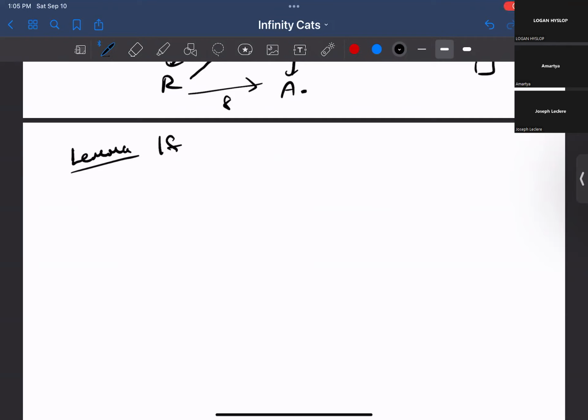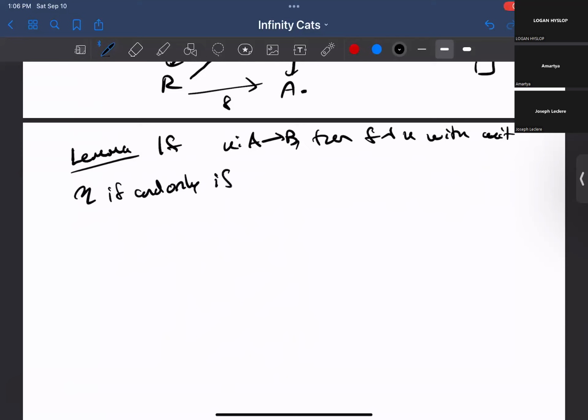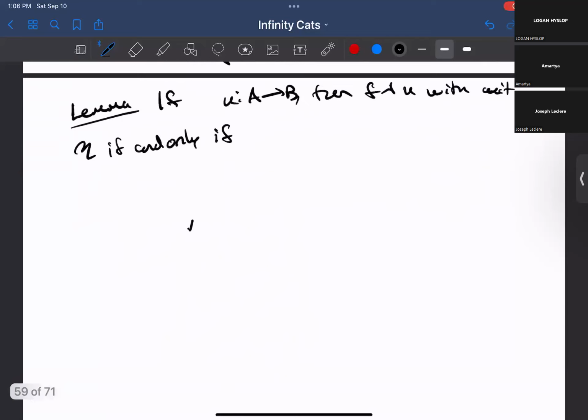So if we have U maps A to B, then F is left adjoint to U with unit eta if and only if B equals B, we have up here A going down by U to it, and we can take this map up and go down, go up by eta, is an absolute left lifting.